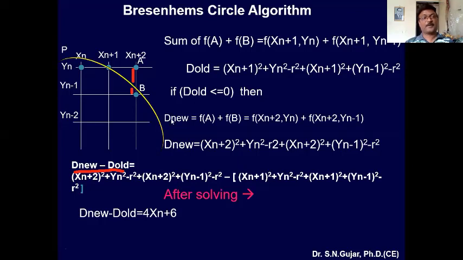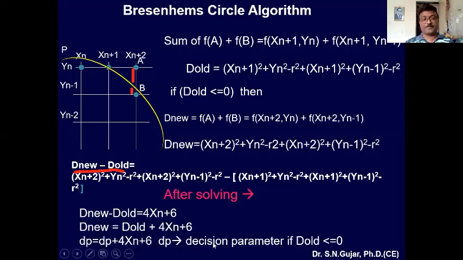Once you got this 4xn plus 6, this is my next decision parameter, because once you have selected this one, the new decision parameter is dp equals decision parameter plus 4xn plus 6.